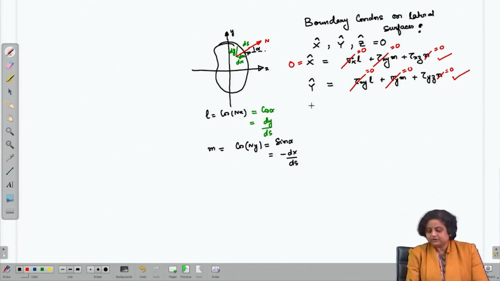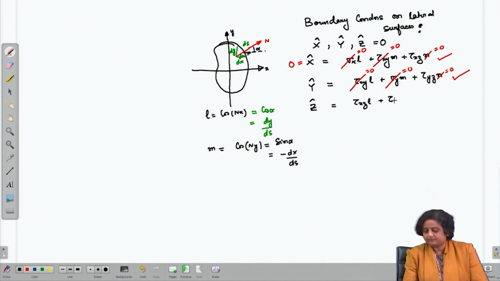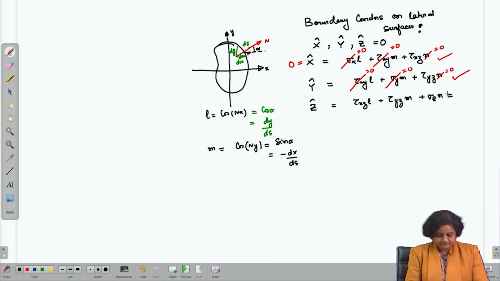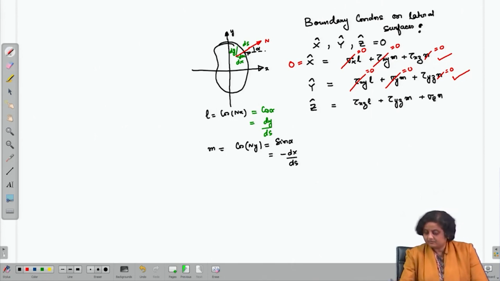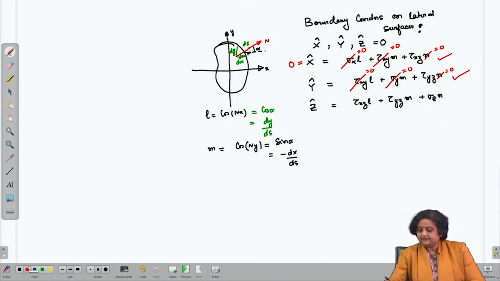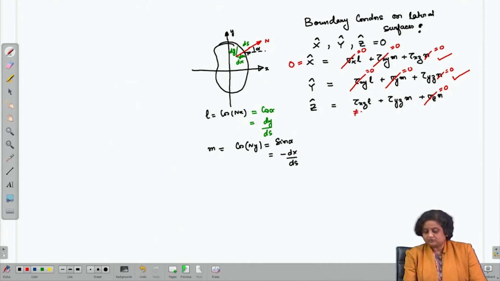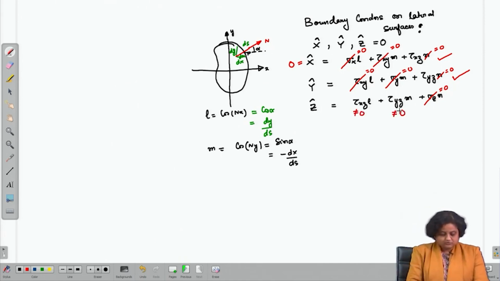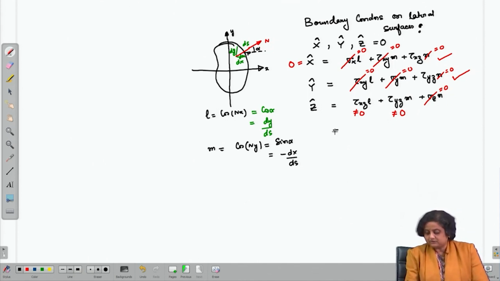Now, let us move on to the third equation, where z hat is equal to 0. Out of this, sigma z is equal to 0, tau xz is not equal to 0 and tau yz is not equal to 0. So, let me write down the expression for tau xz. Tau xz is G theta.